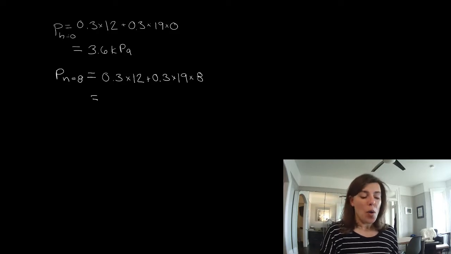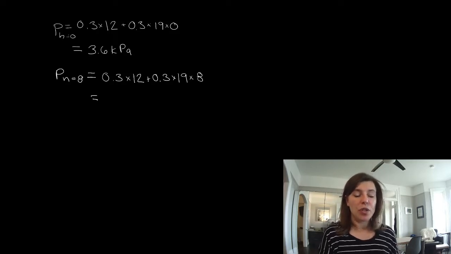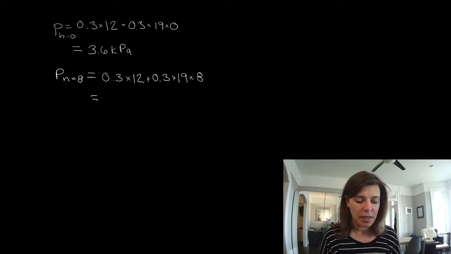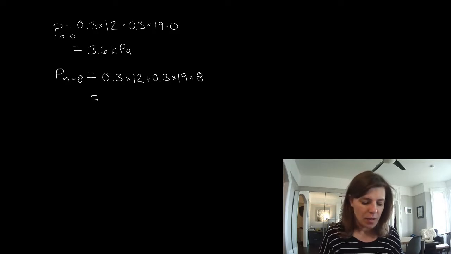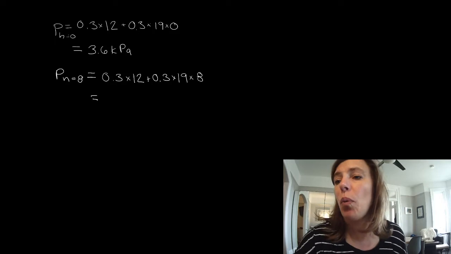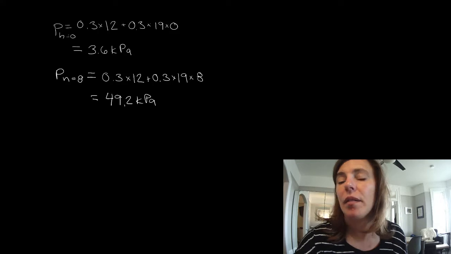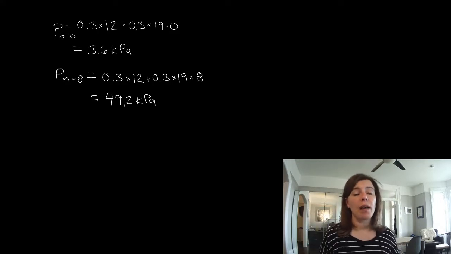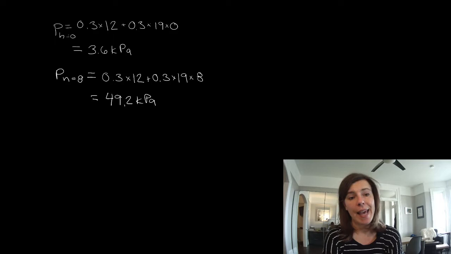So we've got 0.3, which is our coefficient for the soil, times 12, which is our surcharge, plus 0.3 times 19 times 8. And at the bottom of the wall, our pressure is 49.2 kPa.